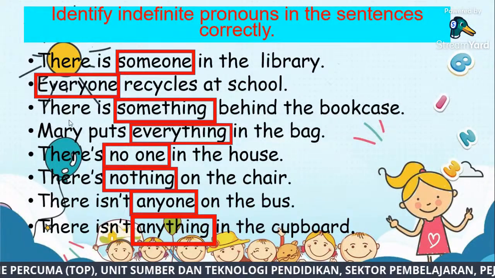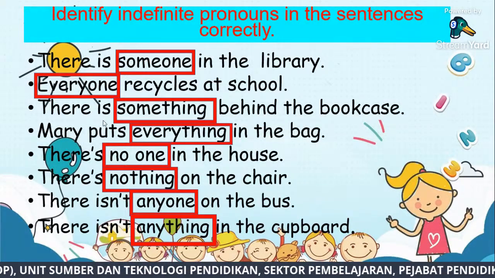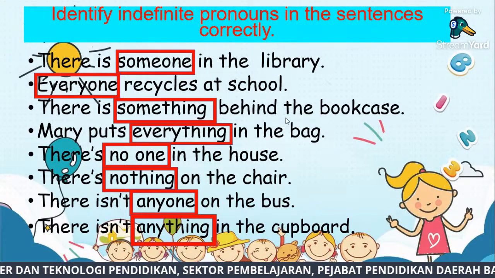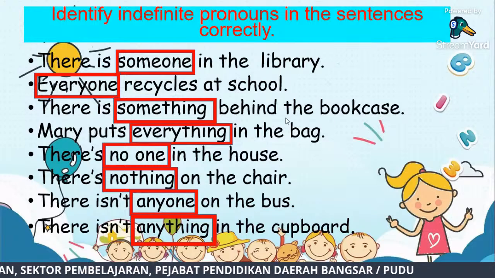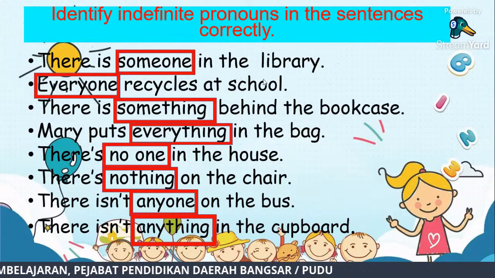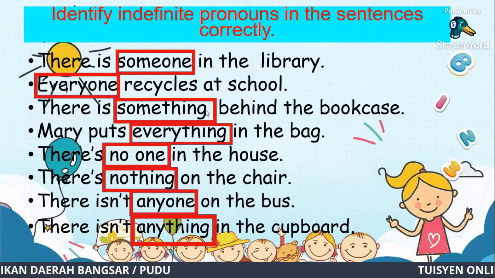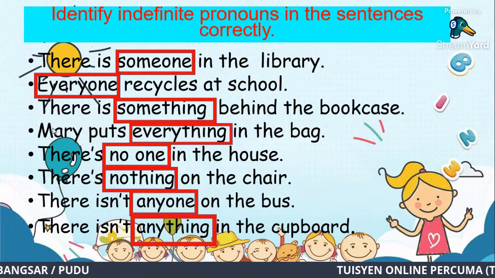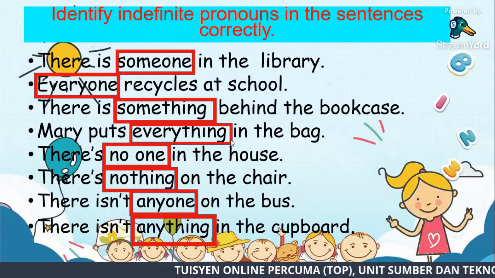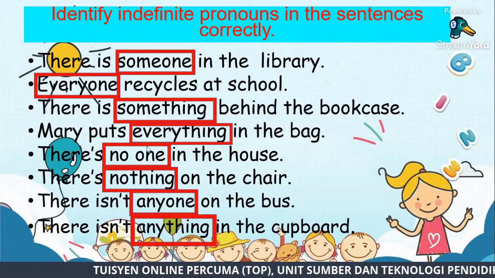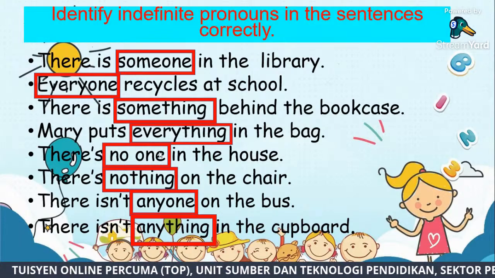And here, there is something behind the bookcase. It could be a thing or it could be an animal. So that's why the sentence is referring to something. And Mary puts everything in the bag. She puts everything, which is referring to things.